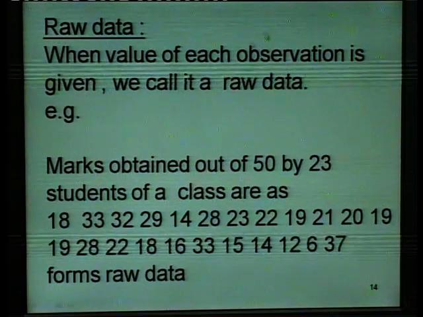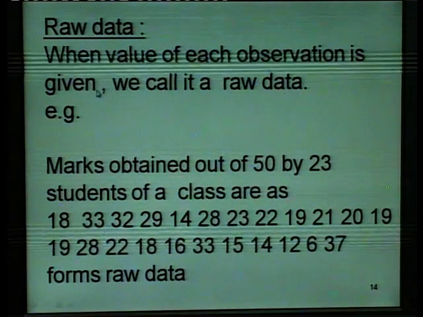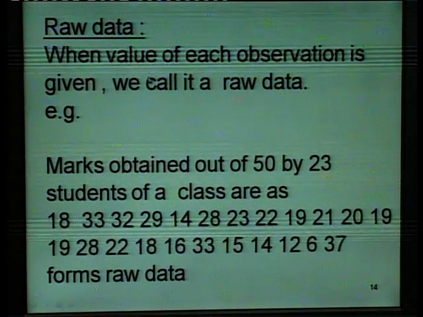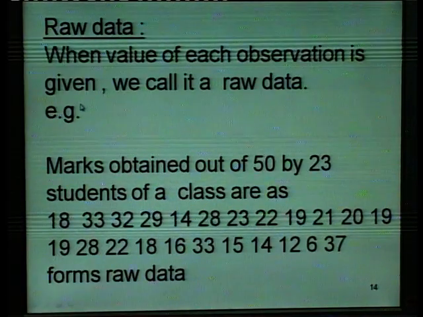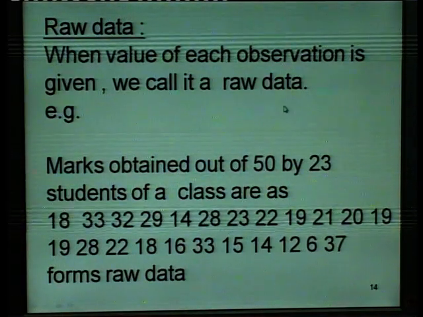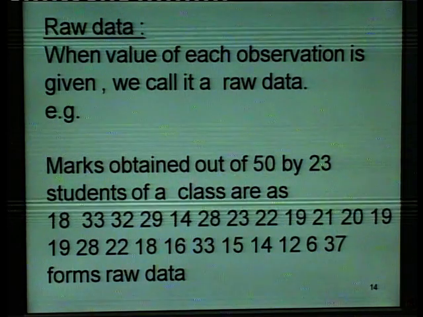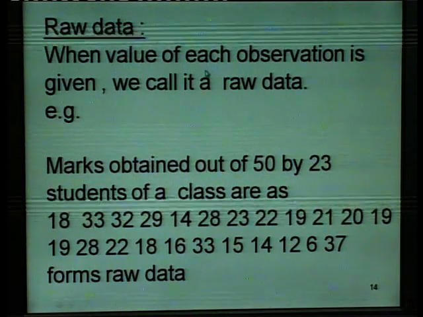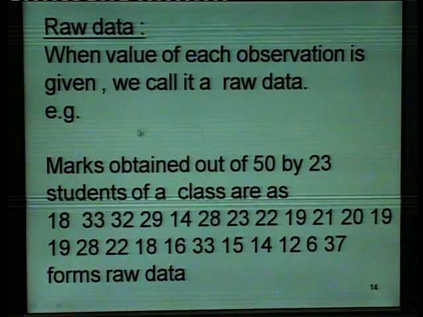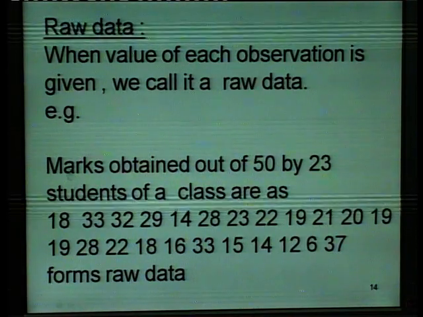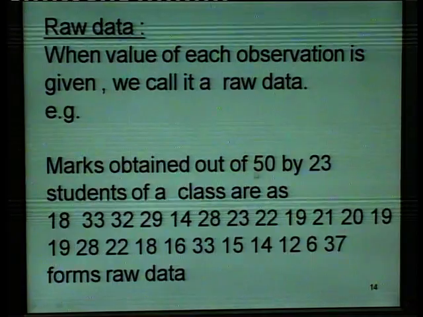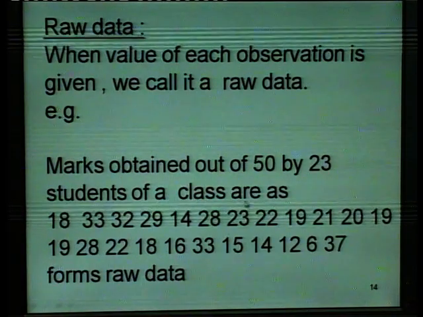Now we study different types of data. When the value of each observation is given, we call it raw data. Suppose the example is here: marks obtained out of 50 by 23 students of a class.